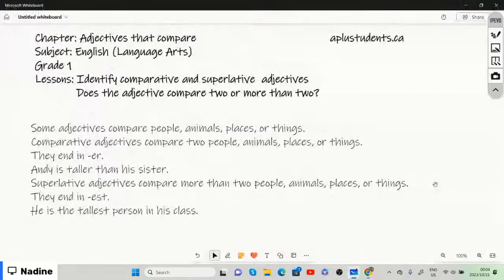Today, like we said, we're doing the chapter of adjectives that compare.